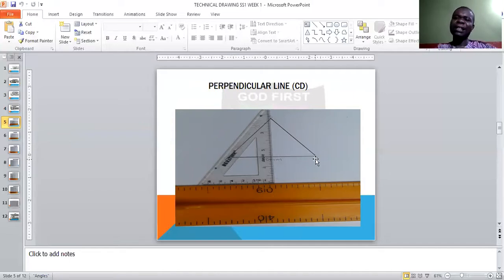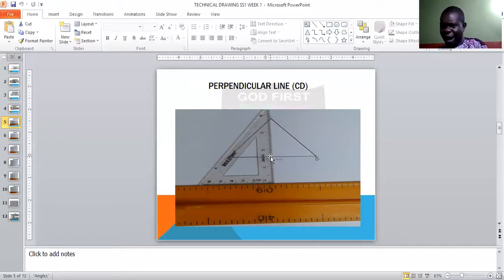So line AB is a horizontal line and is the base of the triangle. Then the top here is point C. Remember we said, draw a perpendicular CD. From here, you take a line down to meet AB here. That point becomes automatically D.